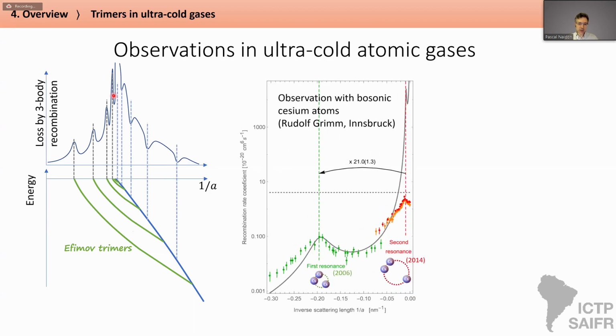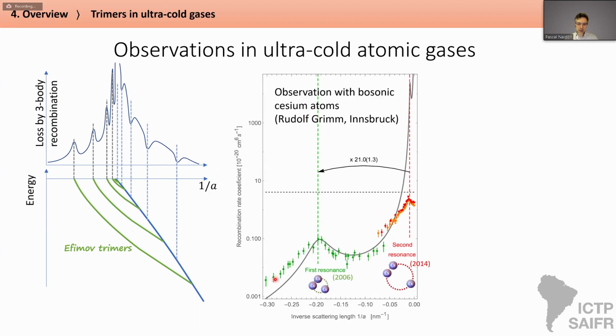So here I show the results. This is the case of bosonic cesium atoms. These experiments were realized in Innsbruck in the group of Rudolf Grimm. Here you have the rate for this recombination that was measured experimentally as a function of the scattering length between the cesium atoms.